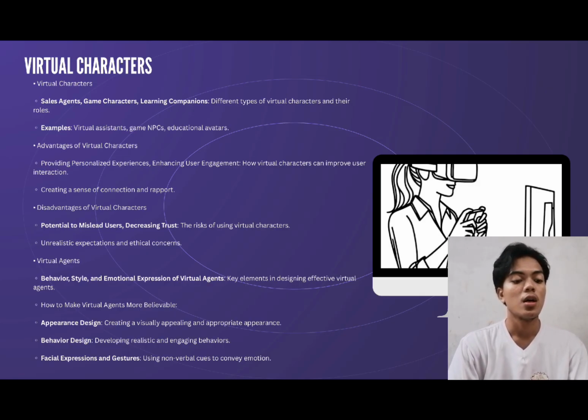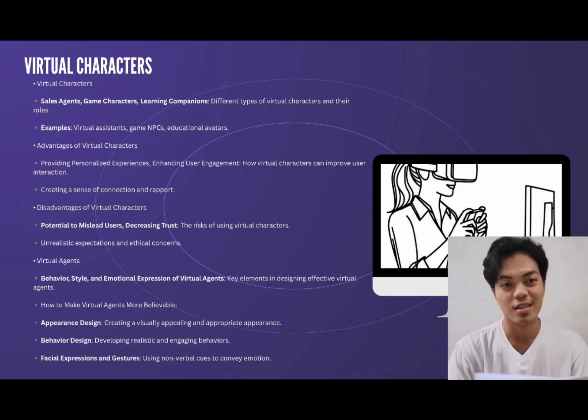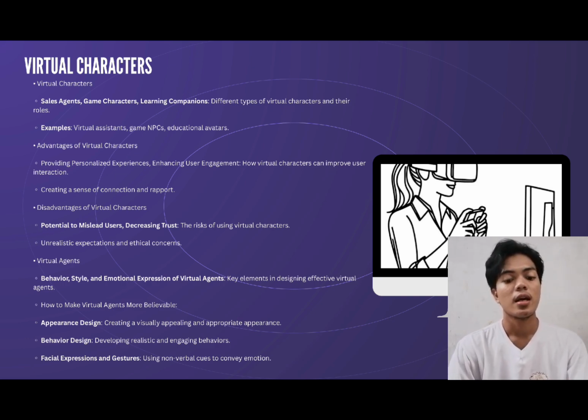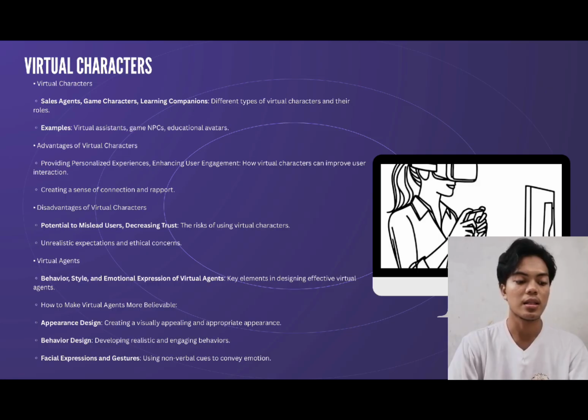For example, we have virtual assistants, game NPCs, and educational avatars. Advantages of virtual characters: providing personal experiences and enhancing user engagement. How can virtual characters improve user interaction? It is through creating a sense of connection and rapport.